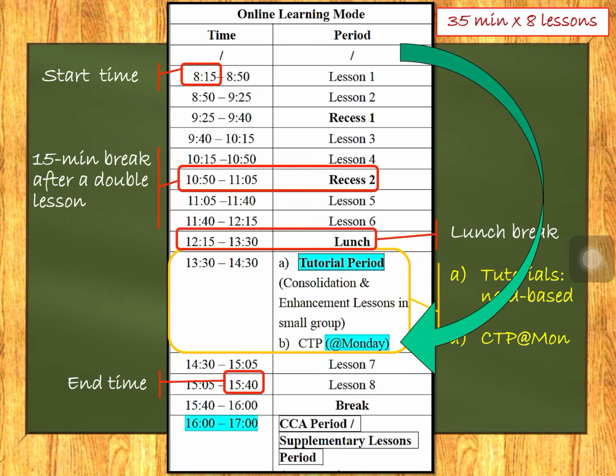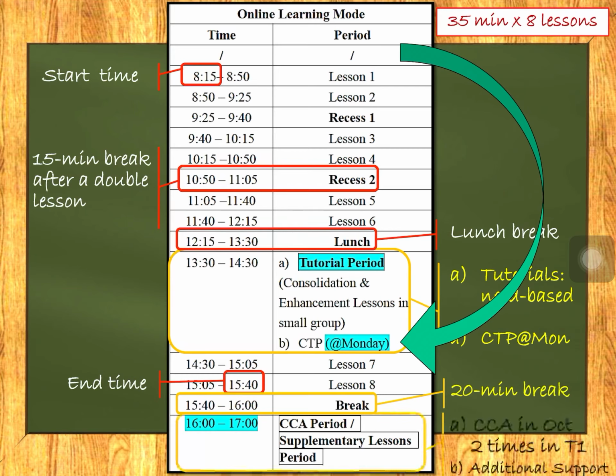The end of the 8th period marks the end of the day for most of you, except for those who will need to attend a consolidation or a supplementary lesson. Do not worry about these terms. I will explain them as we go on.